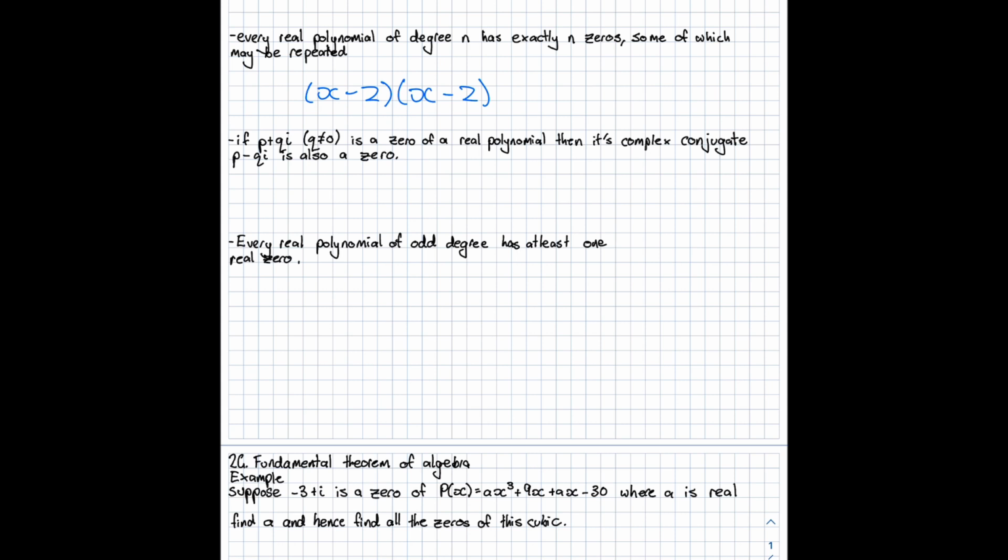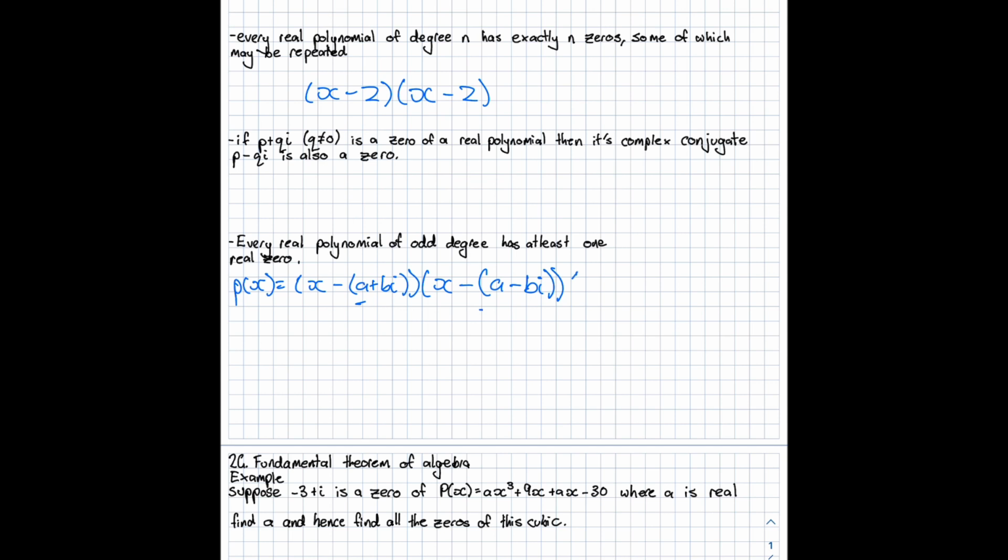So the idea is that polynomials have complex conjugate pairs. If we have a complex number as our zero, x minus a minus bi, I should have used p and q, and if this polynomial is of degree 3, these go in a pair.